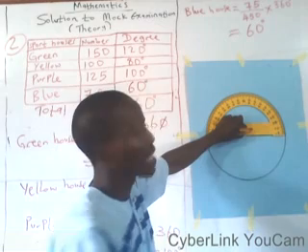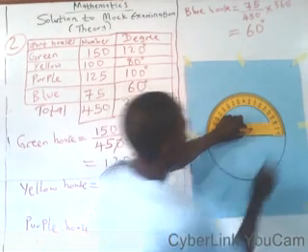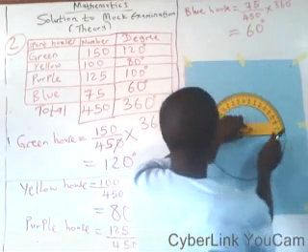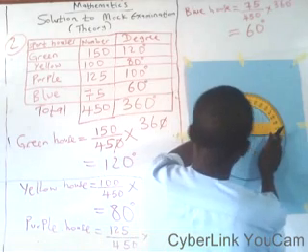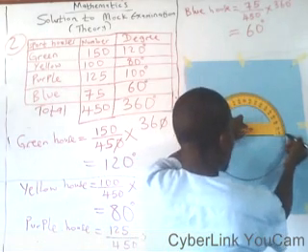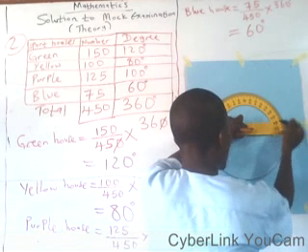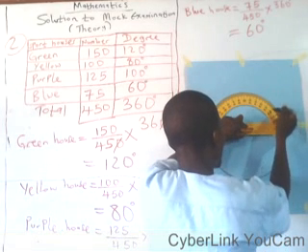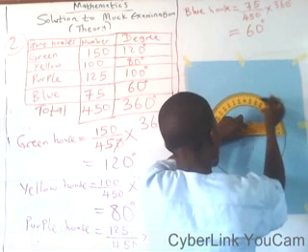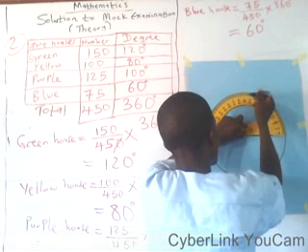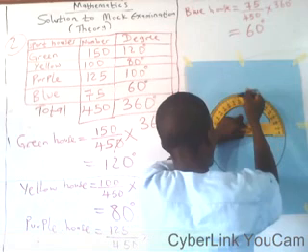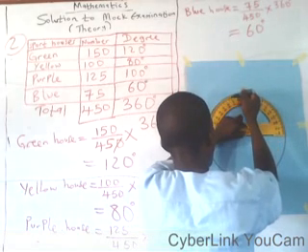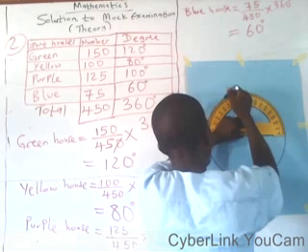The first one you want to determine is 120. All the protractor from the other side here begins with what? 0. Now you start. This is 0, 10, 20, 30, 40, 50, 60, 70, 80, 90, 100, 110, 120.